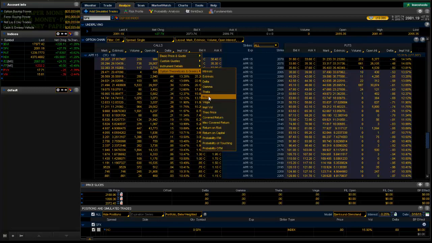I'll be completely honest, because I am so heavily concerned with, and watching much more closely, the delta and theta relationships and ratios. I'm watching what my net aggregate delta is on individual positions and on aggregate positions.